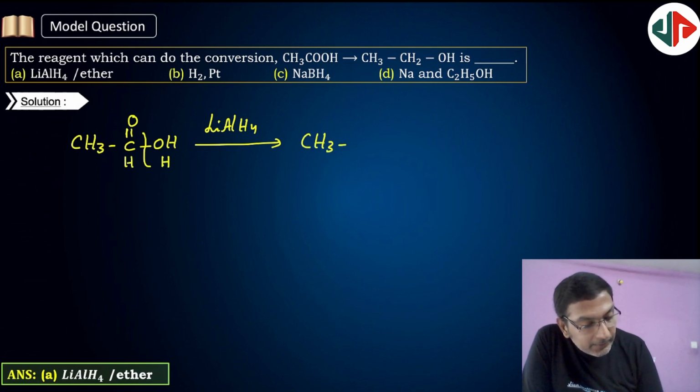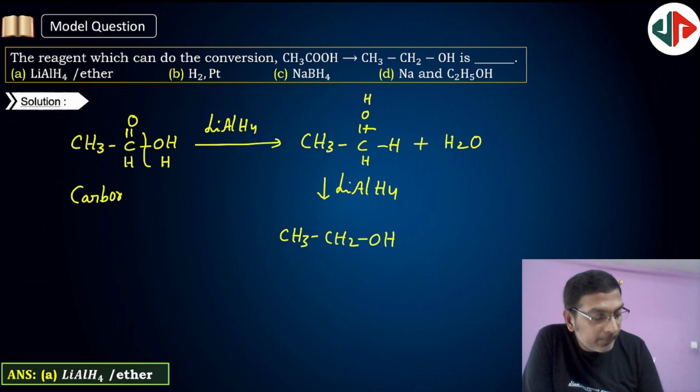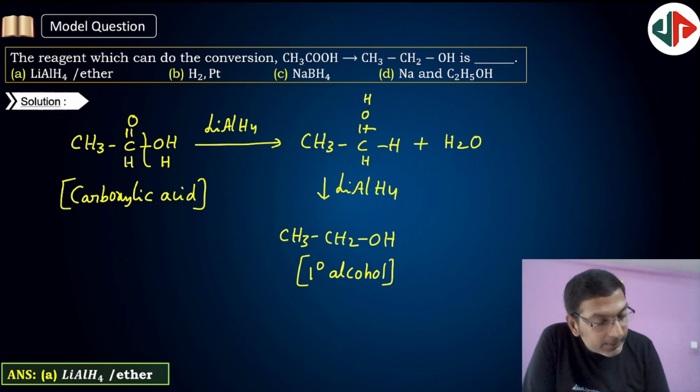First it will give CH3CHO plus H2O. Again with lithium aluminum hydride, H and H add, giving CH3CH2OH. Carboxylic acid gives primary alcohol, which is ethyl alcohol. So therefore option A.